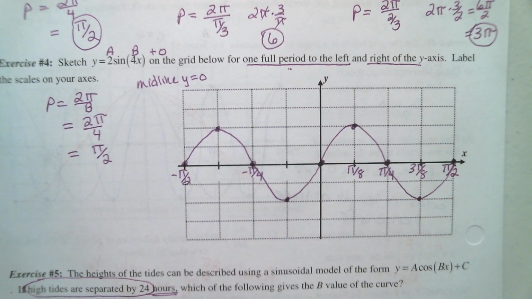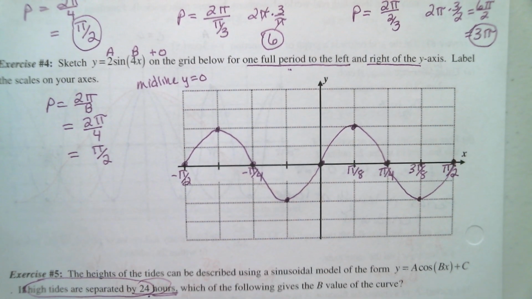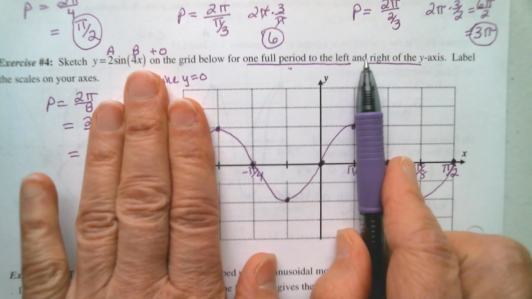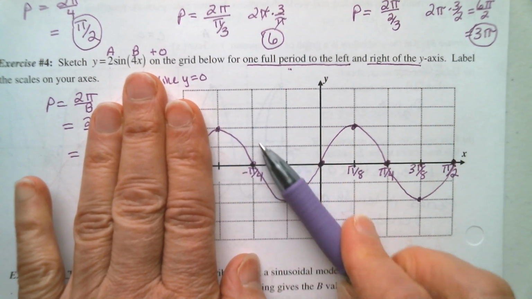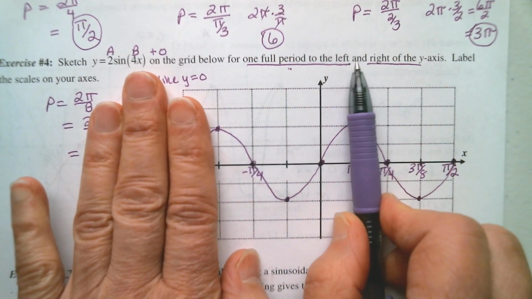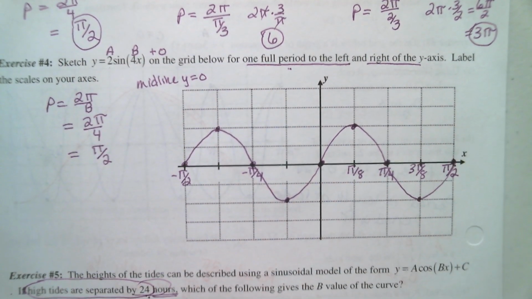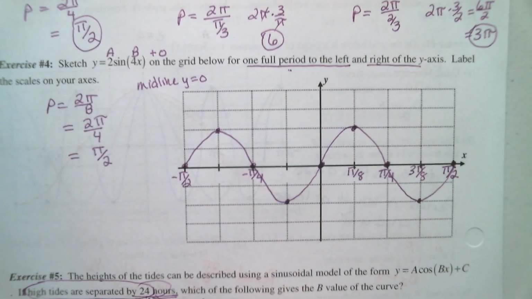Okay, so 24 hours, that's the length of one complete tide, right? It's like starting at high tide, going down to low tide, back up to high tide. And it's telling us that that length is 24 hours. So that is the period.